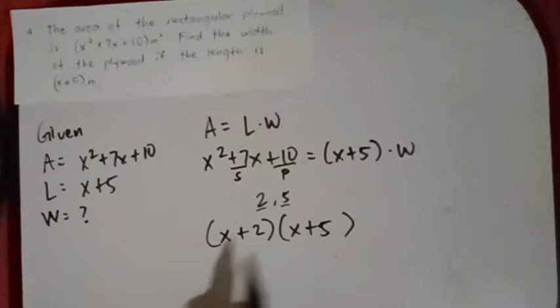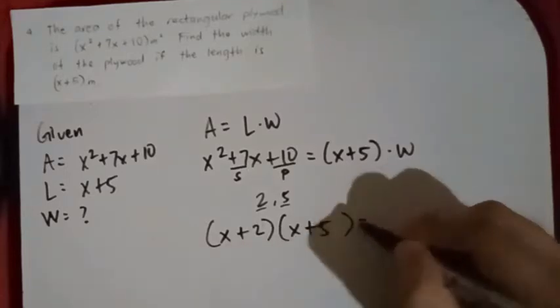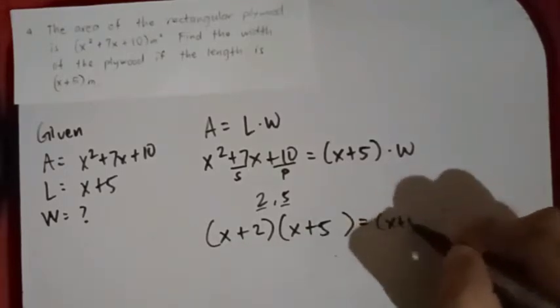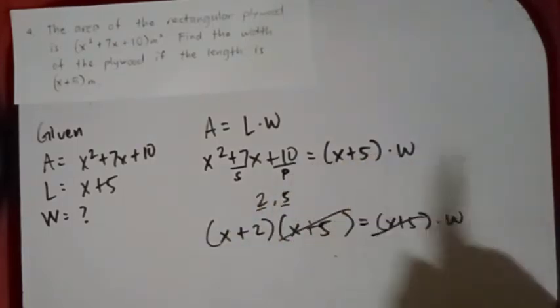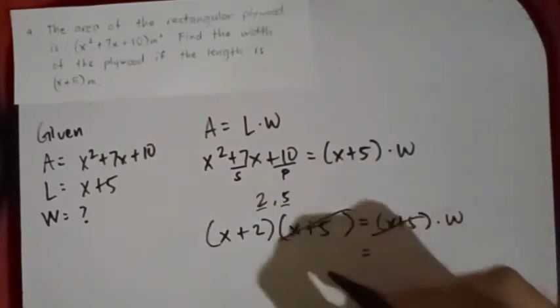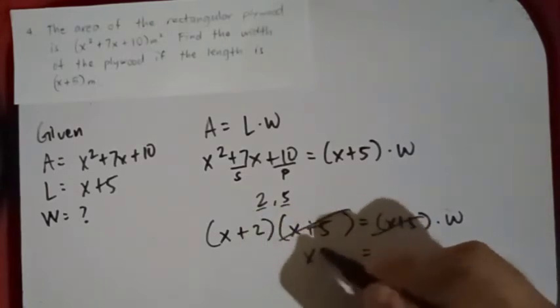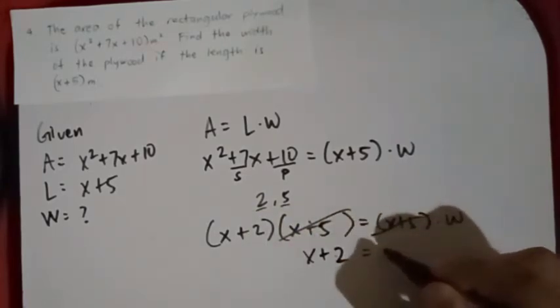x plus 2 multiplied by x plus 5 equals x plus 5 multiplied by w. Okay? So, we have x plus 5 on both sides of the equation. So, let's cancel them. And then what remains is x plus 2 and w.